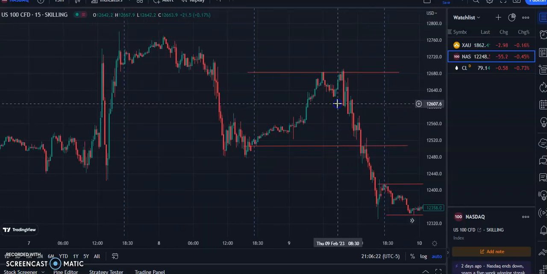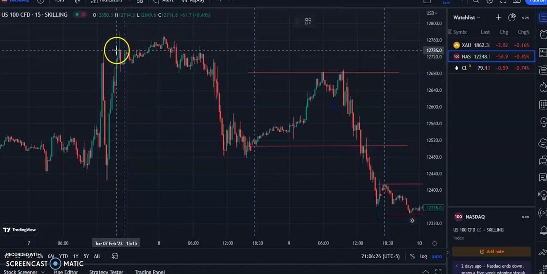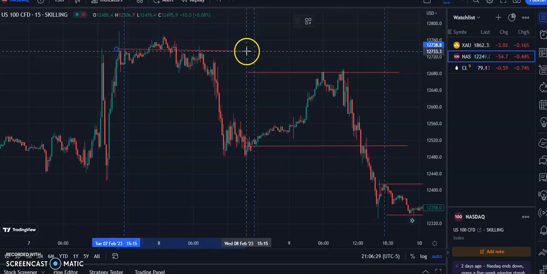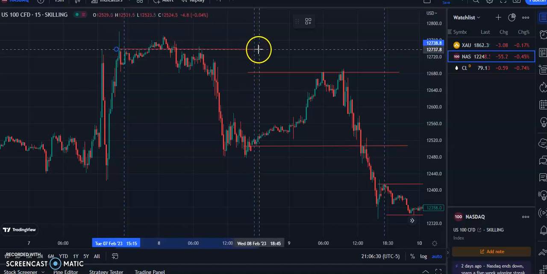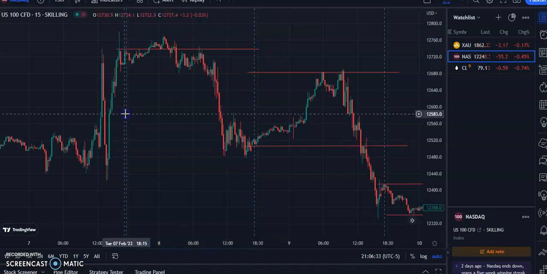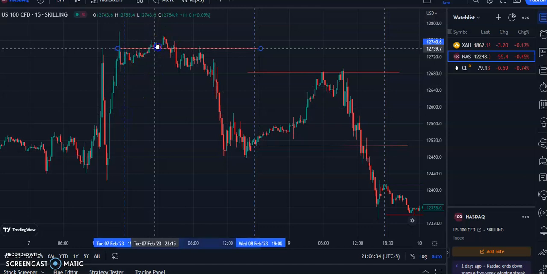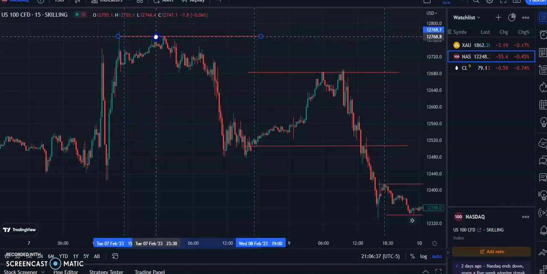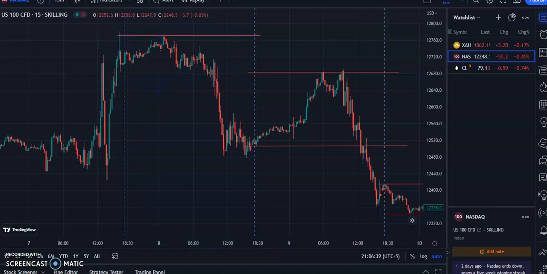Let's look at this day. This was the high of the day, of the open. Now, as the market continues, as the day progresses, the market will expand. Now, say you are trading the New York session. We have our low of the session here.